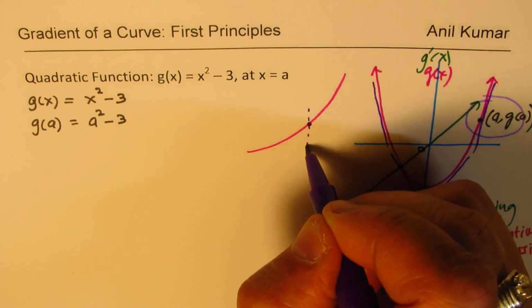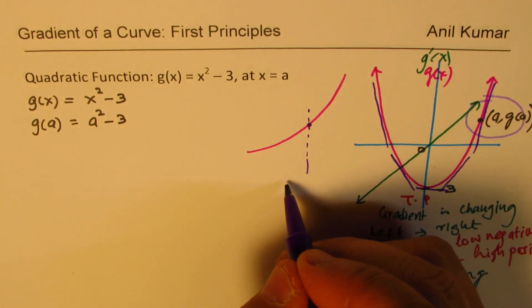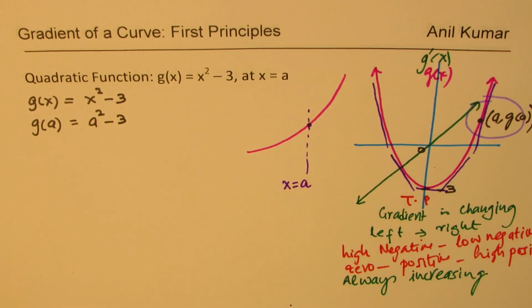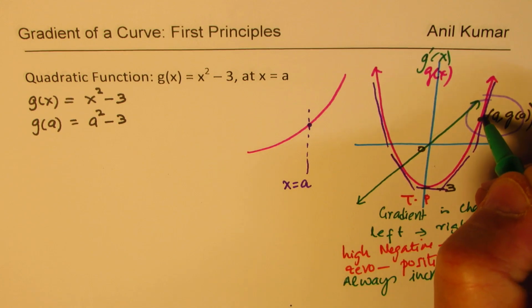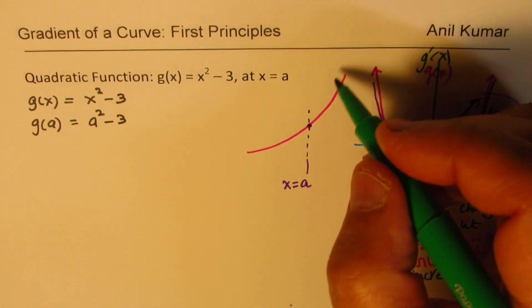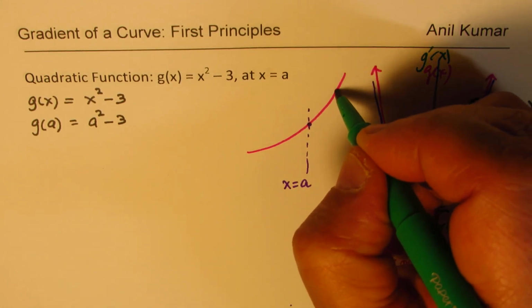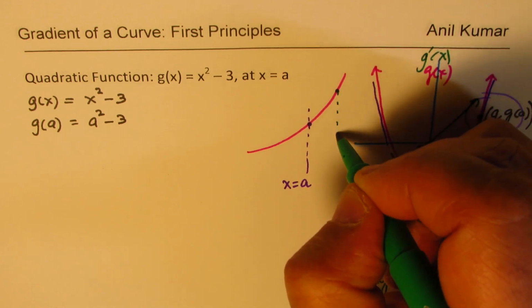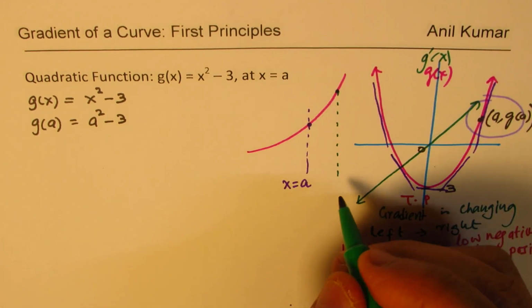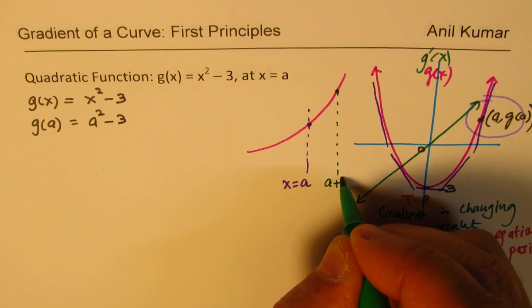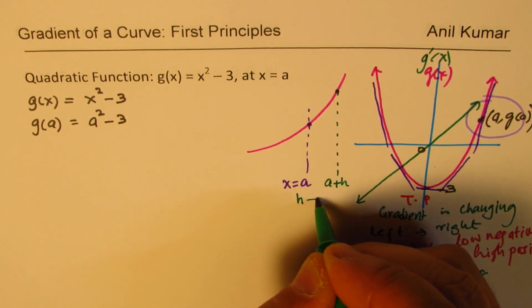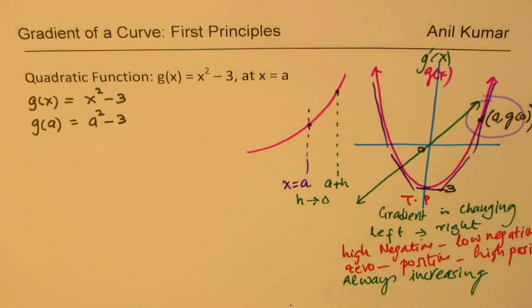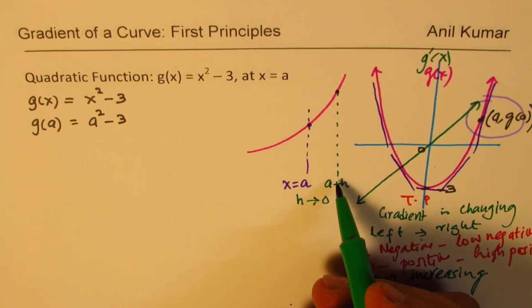So on this graph here, I have x equals a. Now to find the gradient, I take another point which is very close to a. Let's say very, very close, but on a scale which has been enlarged, I will consider that to be here, right? So let's say this is my point which is very close to a, and I'm saying this is at a plus h, where h is approaching 0. That means it is very close to a. Is that clear to you, right?